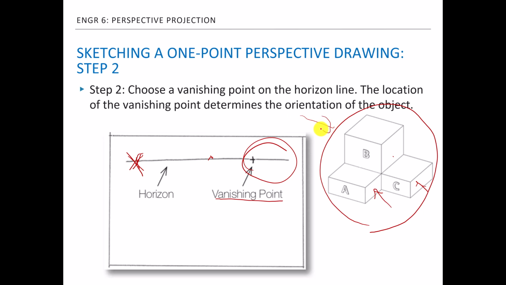But I want to generally maintain this orientation. That's why I put my vanishing point somewhere there. Maybe you have to do trial and error to find which orientation is best. You pick a different vanishing point after sketching some, and if you don't like it, you have to redo it.